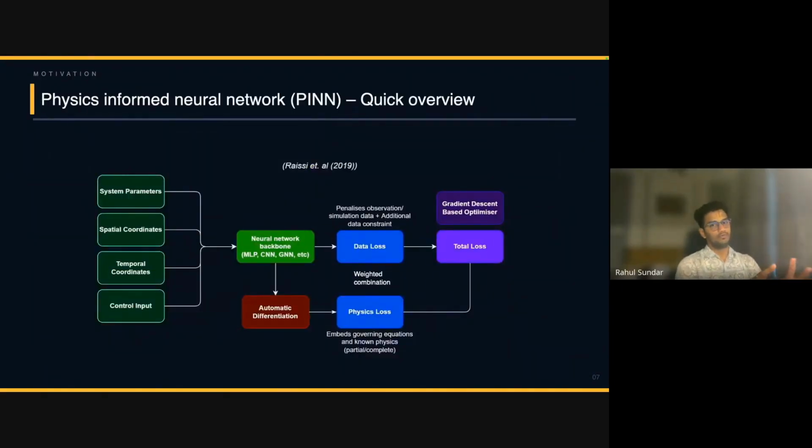Now, a quick overview of what a physics-informed neural network is, which is pretty much the major meat of my thesis. A physics-informed neural network is nothing but a simple neural network backbone that maps different kinds of input features, such as your system parameters, system in the sense of a physical system that is governed by certain laws of physics, and the spatial coordinates where it operates, or temporal coordinates where it operates, and then additional control input for that particular physical system.